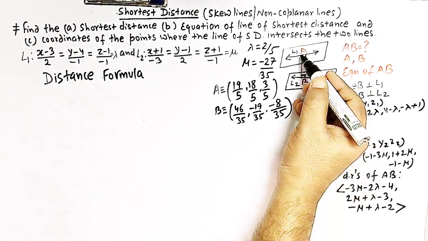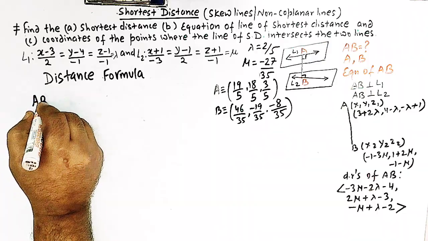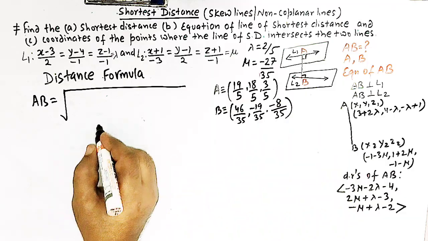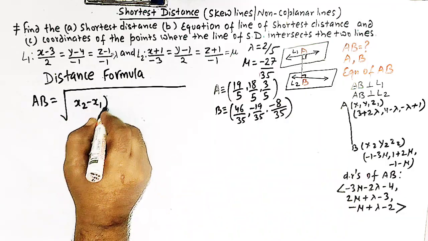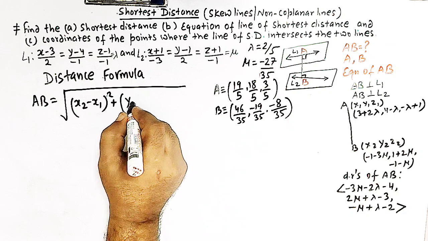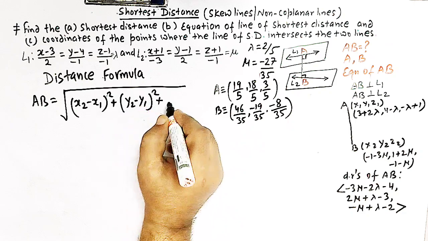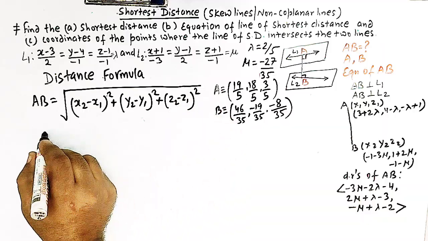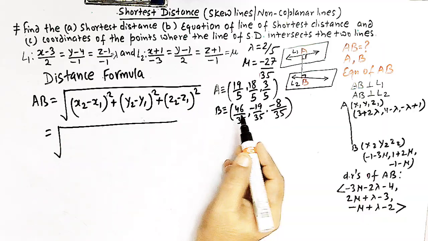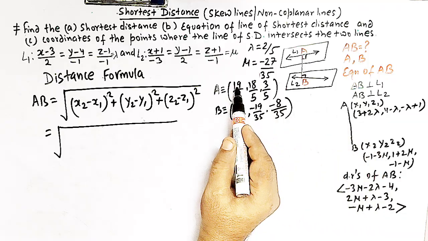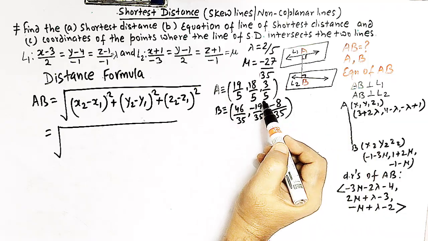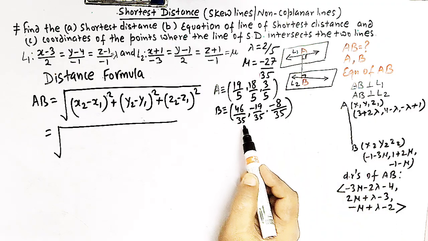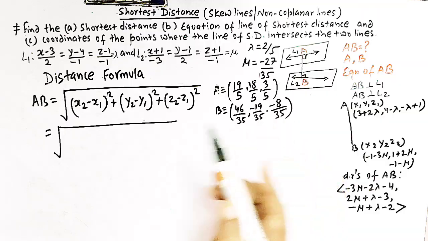So now the distance AB can be obtained by using the distance formula. So here we can write the square root of x2 minus x1 square, plus y2 minus y1 square, plus z2 minus z1 square, right? So we have x1, y1, z1 as 19 over 5, 18 over 5, and 3 over 5, and x2, y2, z2 are given by 46 over 35, minus 19 over 35, and minus 8 over 35.